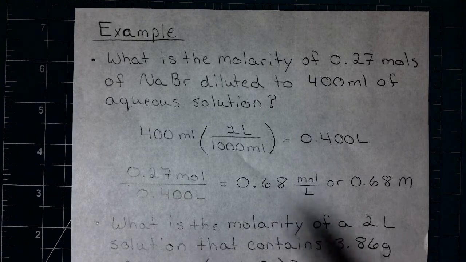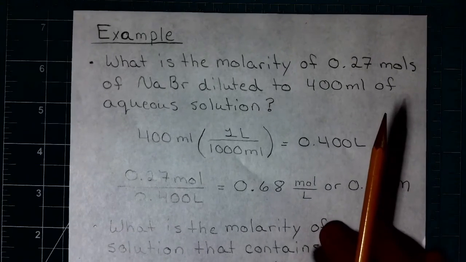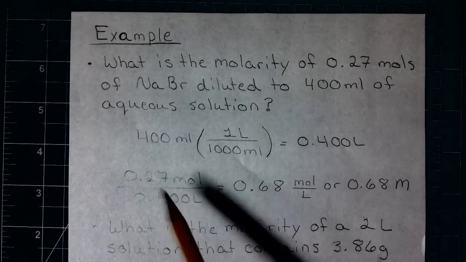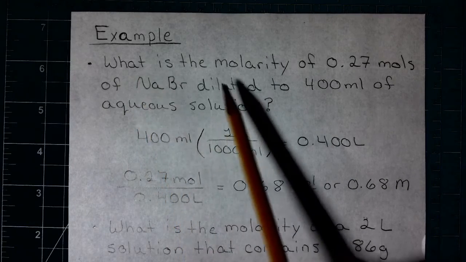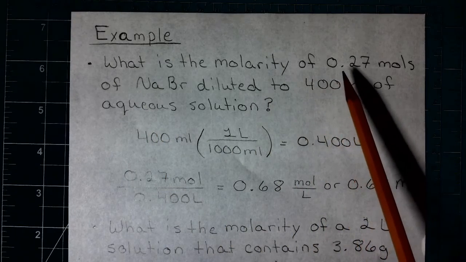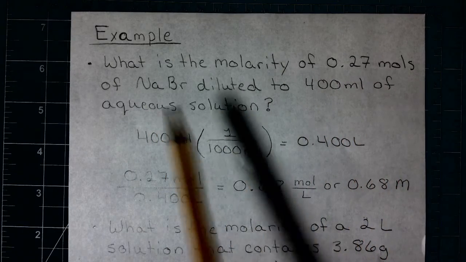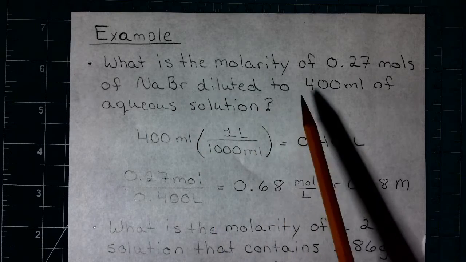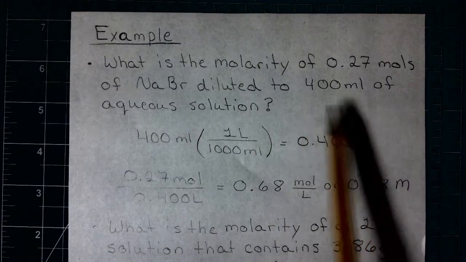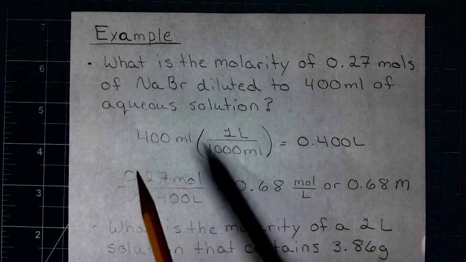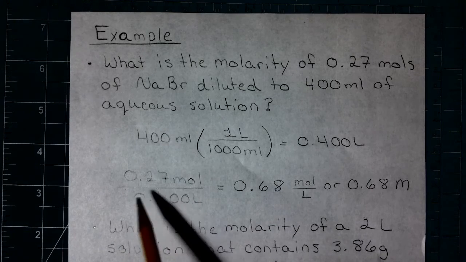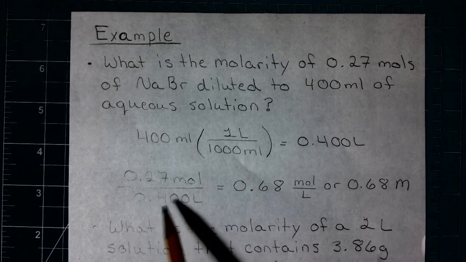Now let's take a look at some examples using molarity. The first one is pretty straightforward. It asks, what is the molarity of 0.27 moles of sodium bromide diluted to 400 milliliters of aqueous solution? So the first thing that we need to remember is that our denominator, when we're calculating molarity, has to be in liters.